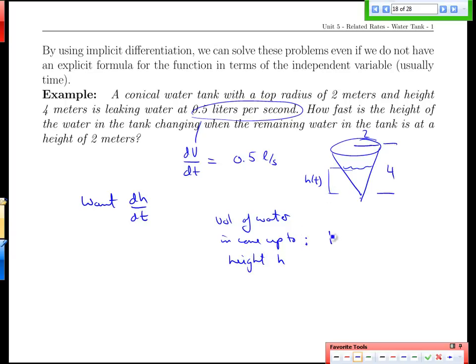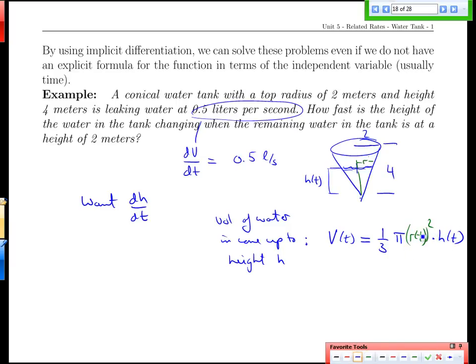So that volume, which is changing with time, will be, if we're only filled up to this height here, 1/3 pi, and we better slide an extra variable in here. Let's call that r from here to here, so r of t, squared: pi r squared times h.